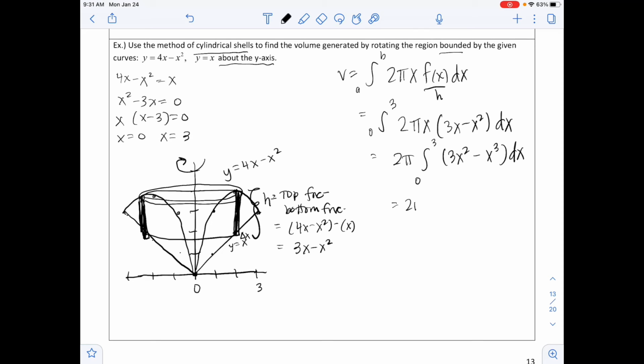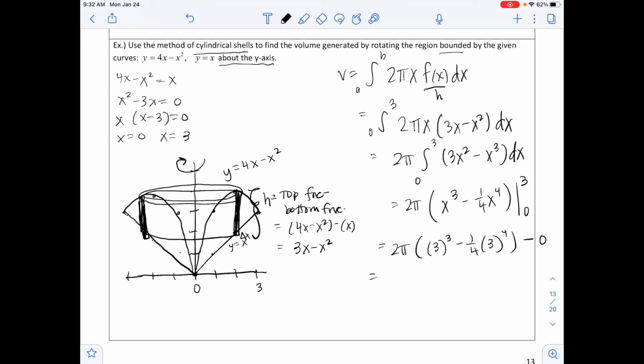And then integrating this, we're going to end up with x cubed minus 1/4 x to the 4th, evaluated from x equals 0 to 3. So we have 2 pi times 3 cubed minus 1/4 times 3 to the 4th, minus, and then substituting in 0, we do just get 0.